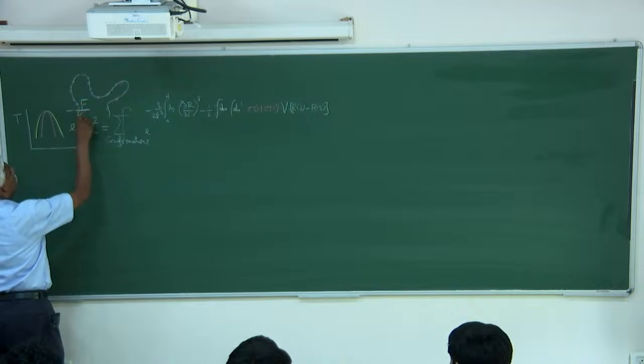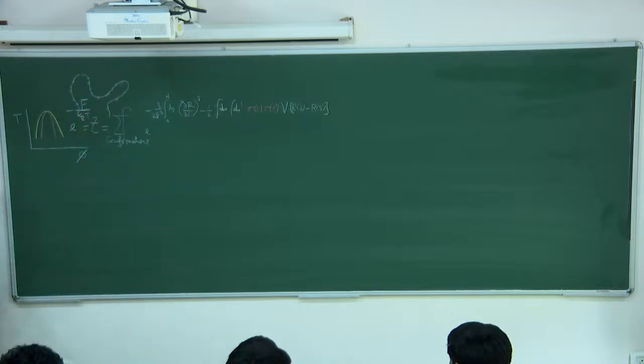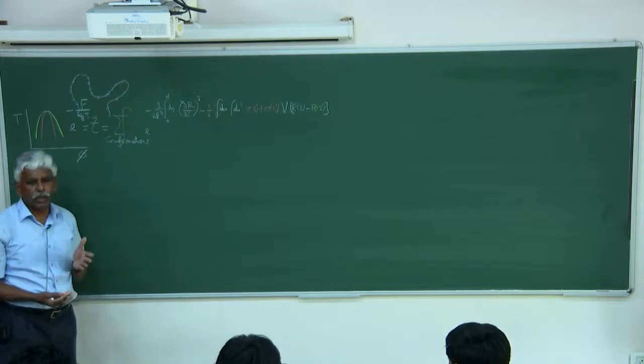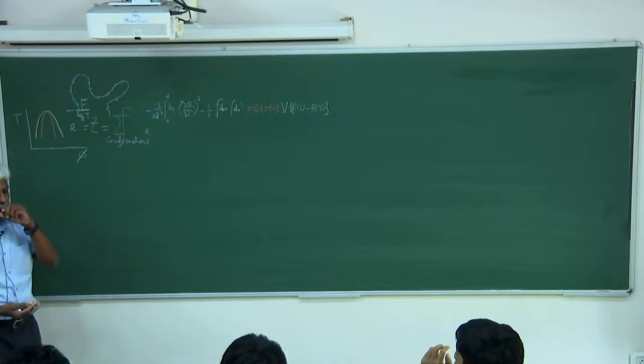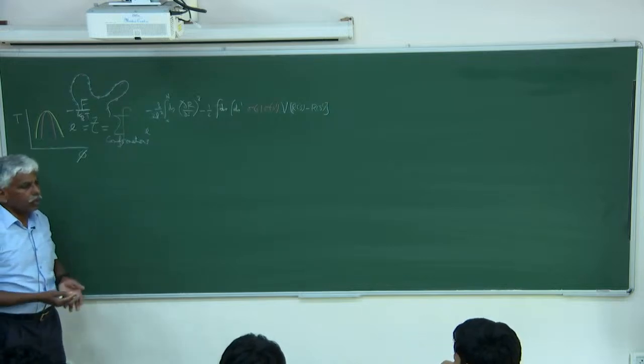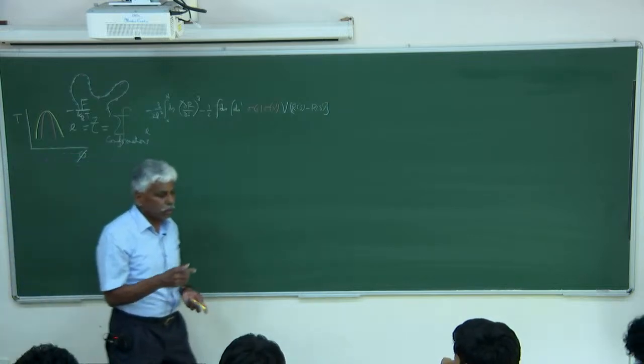Then we calculated the entropy of mixing in the mean field way, and then the free energy. Once you calculate the free energy, you can calculate the phase diagram, which we did in the last lecture: how to compose a phase diagram once you have the free energy.